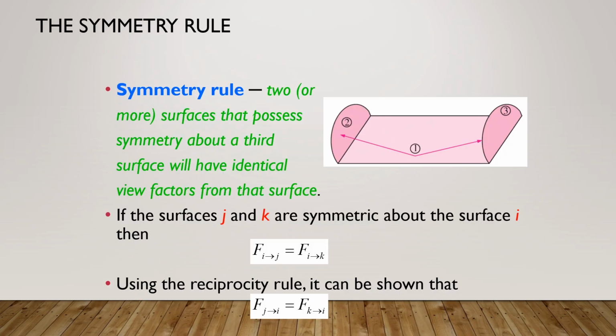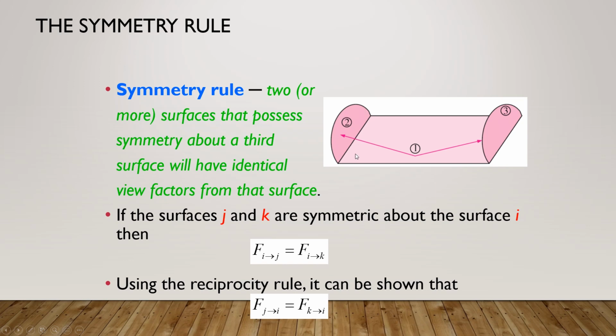Okay, so now the symmetry rule. The symmetry rule says that two or more surfaces that possess symmetry about a third surface will have identical view factors from that surface. Which means that if you have 2 surfaces with identical dimensions, then Fi to j equals Fi to k.